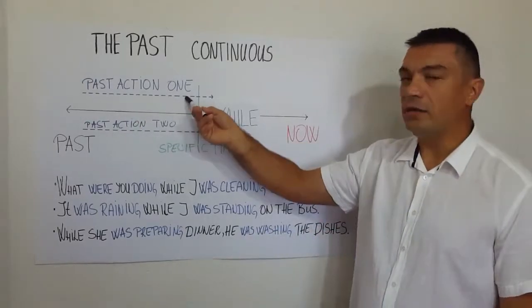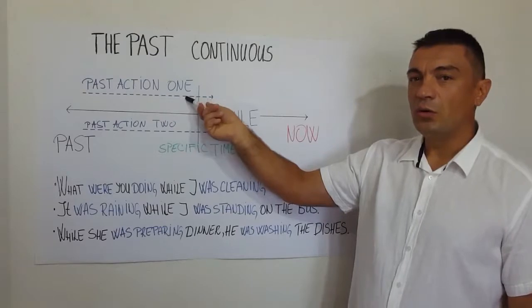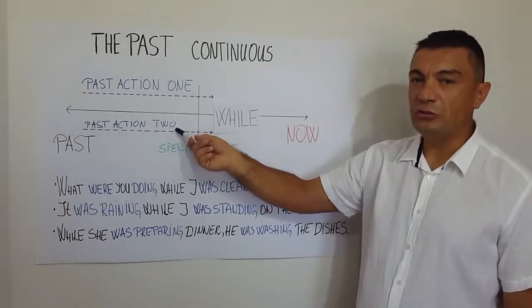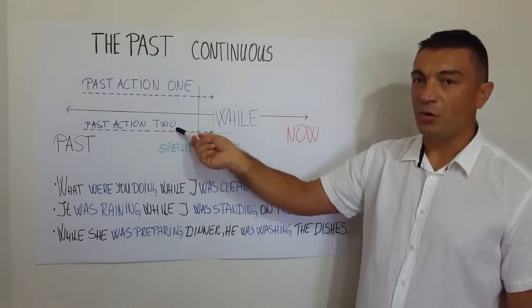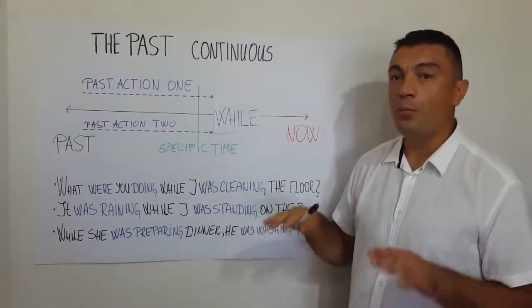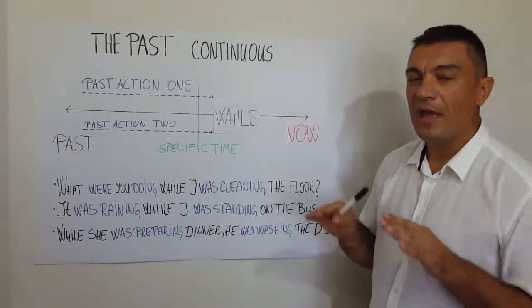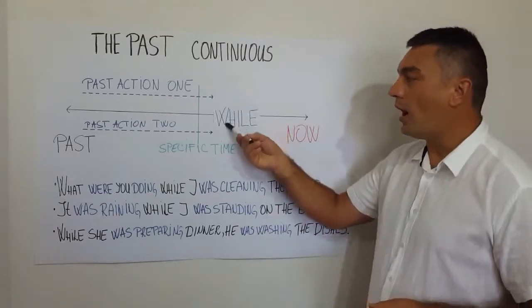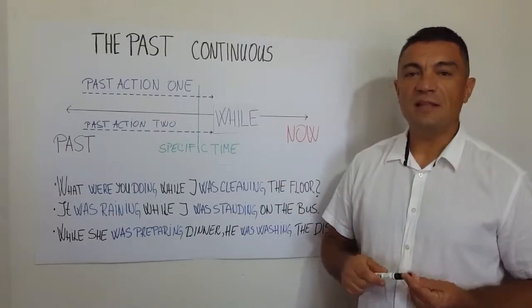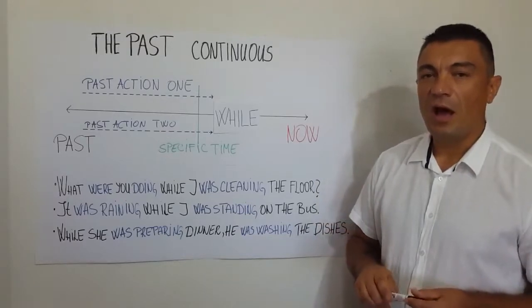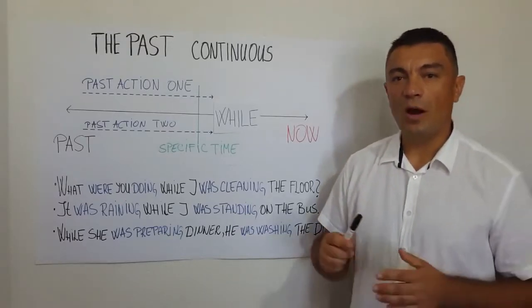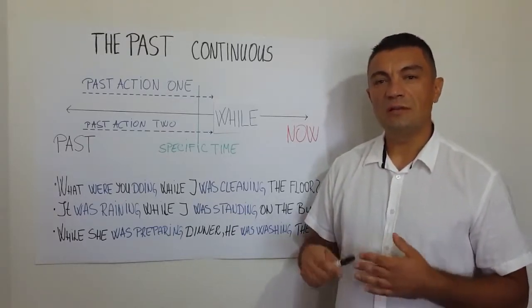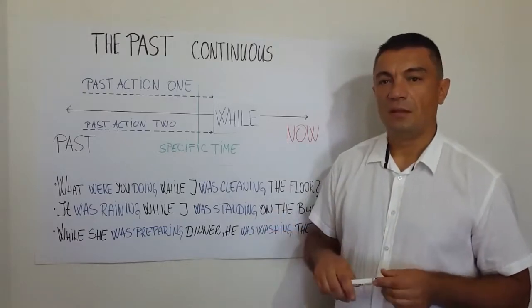Past action 1 was in progress and past action 2 also was in progress. They were both going at the same time. The key word is while. While means at the same time as. I was doing something while somebody was doing something else.